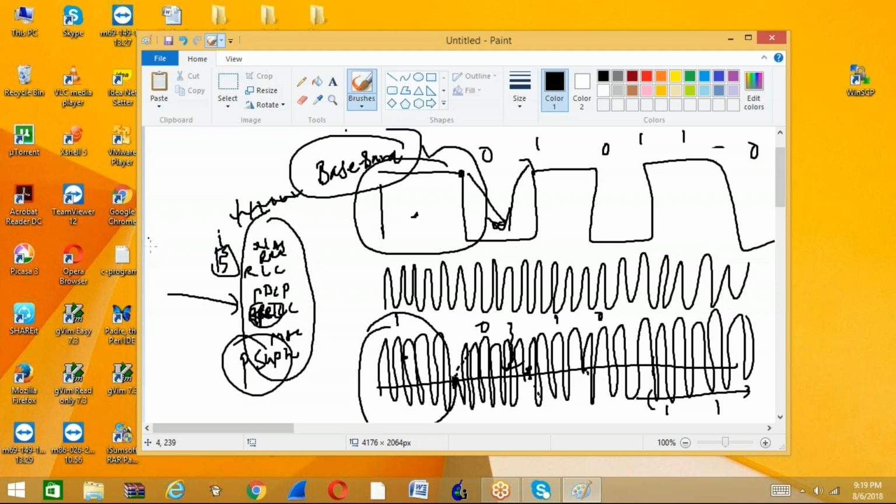All of them are called baseband. For example, I get a lot of tickets, and in the ticket it will be clearly mentioned that the issue is with the baseband. The issue is with the baseband means the issue is with this part.